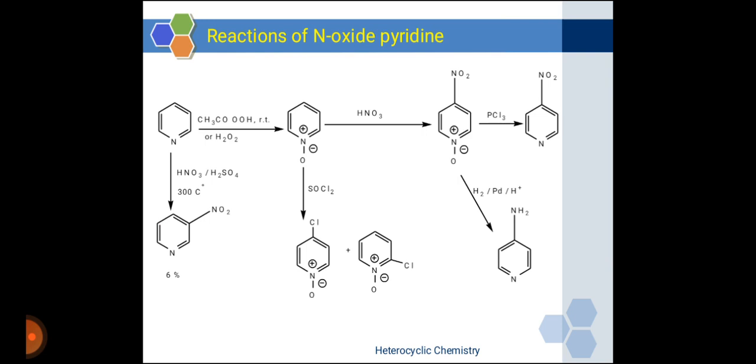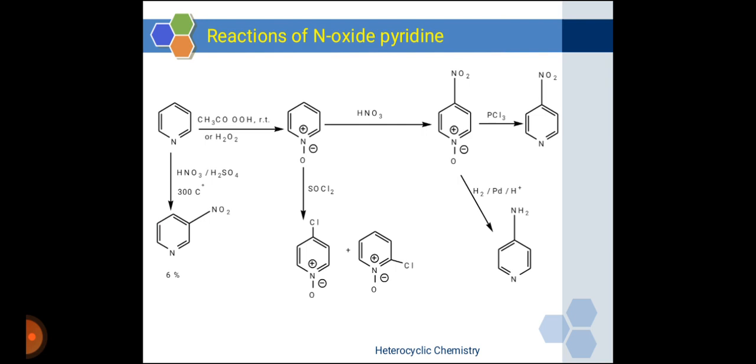Again it reacts with SOCl2, thionyl chloride, to form 4-chloro pyridine N-oxide and 2-chloro pyridine N-oxide. So the fourth and second positions are where the chlorine attacks.